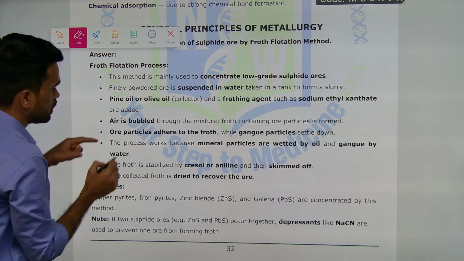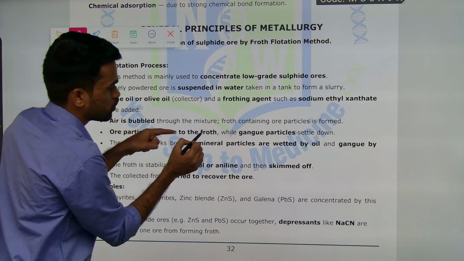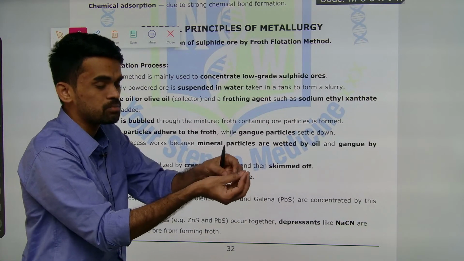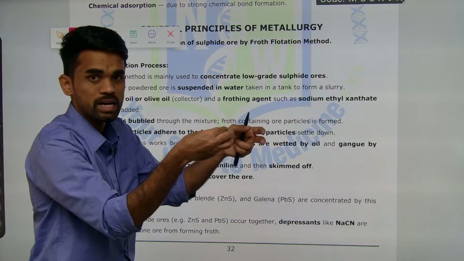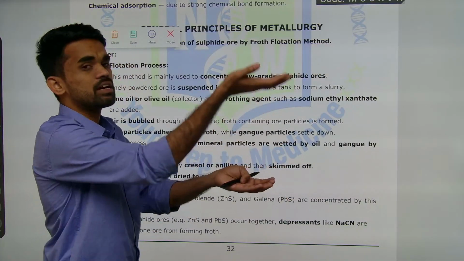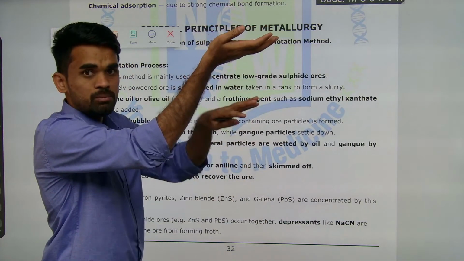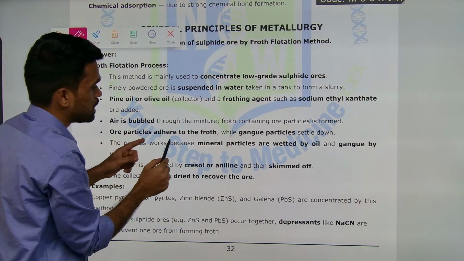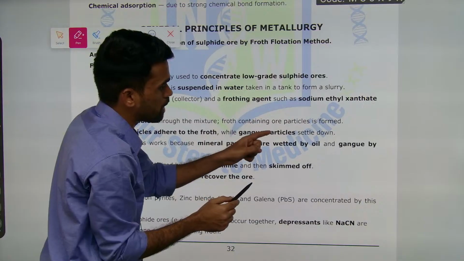Now the ore particles go to the froth. Whatever ore particles are there will be sticking, adhering to the froth, and that will come up. Whatever impurities are there will settle down. So ore particles go to the froth while gangue particles settle down.